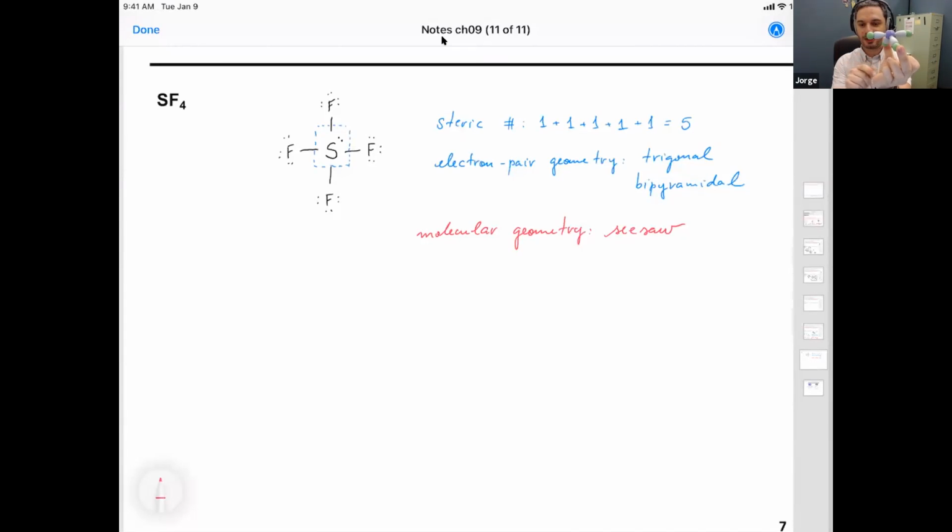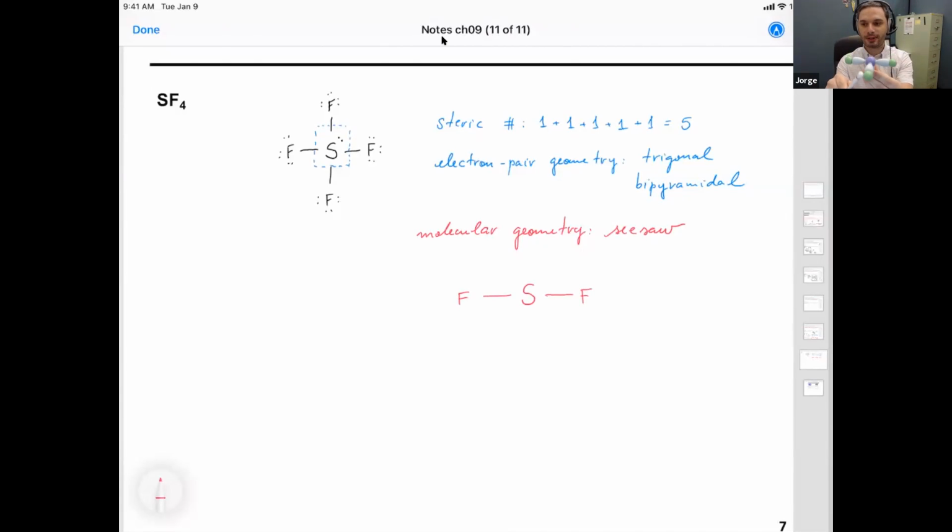To get a nice drawing of this molecule, we are going to draw here the central atom, these 2 bonds on the same plane, and then 1 bond pointing out of the paper and the other one towards the paper. So let's make a nice drawing here. Sulfur molecule, 2 bonds on the plane. Okay, so these 2 bonds here.